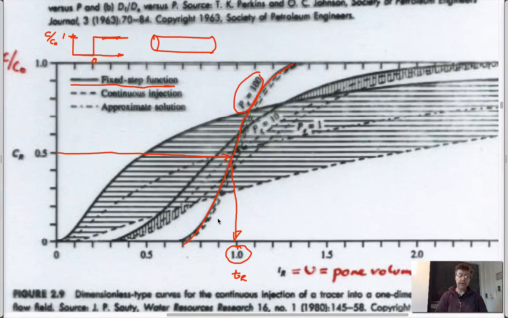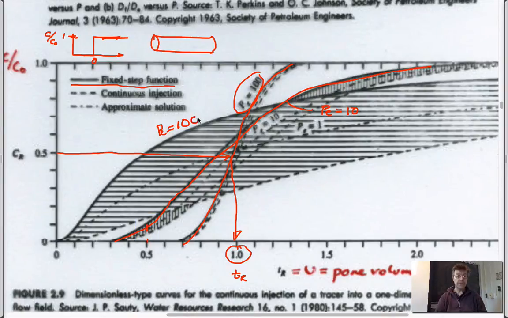If you look at the others, then this is a Peclet number of 10. So this is Peclet number equal 10. So exactly as we expect, instead of being vertical, it's canted over, meaning that because of larger dispersion, even as you've only put through half a pore volume, you're getting some low concentrations coming out the other end.